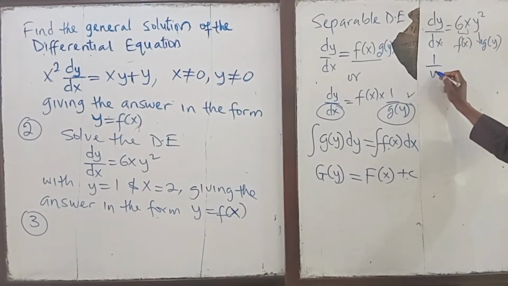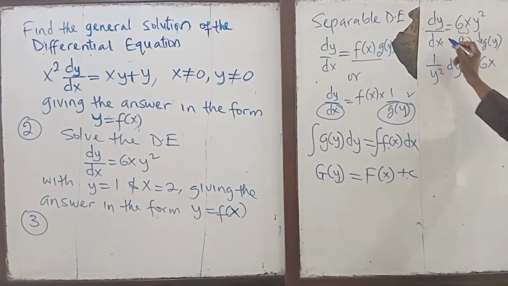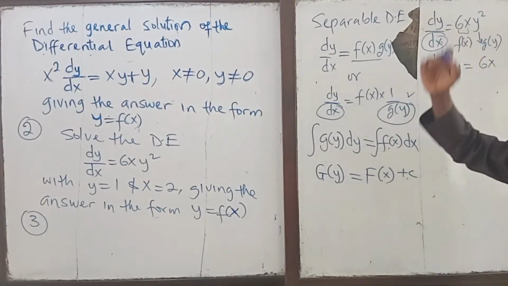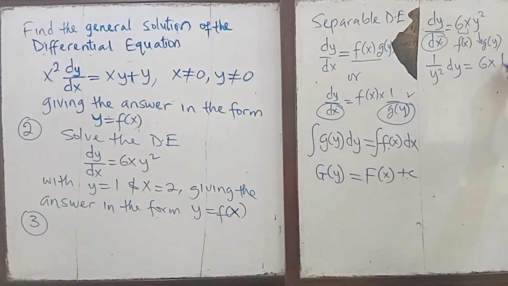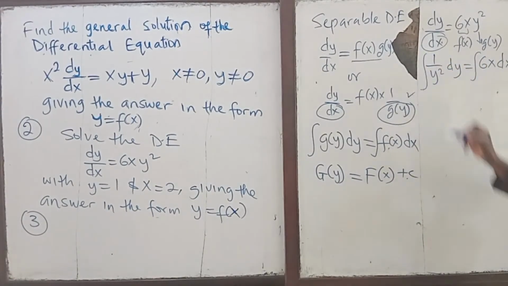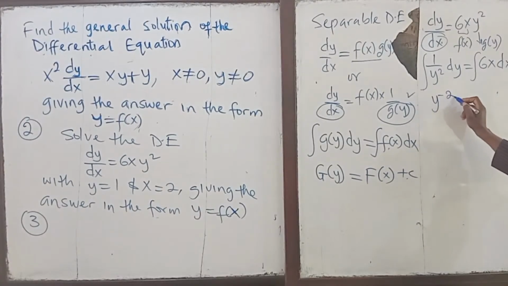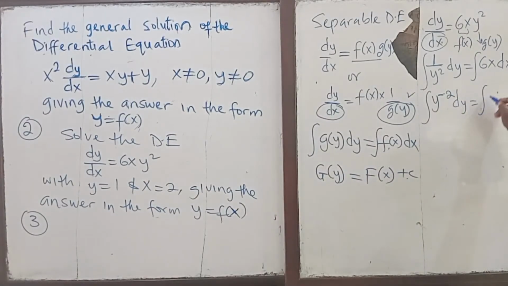That will be 1 over y squared dy equal to 6x, and remove dx from here also by multiplying both sides by dx. Then introduce your integral sign to both sides of the equation. For this one there's no direct table, but we can do the algebra. That will be y to the power minus 2 dy equal to the integral of 6x dx.